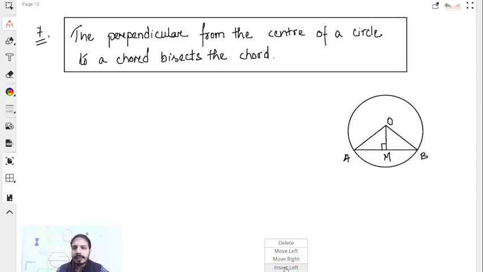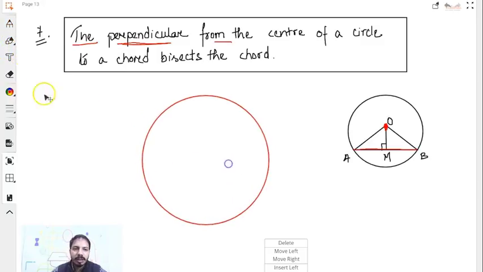Now, what about the distance from the center to the chord? If you see, this is the center and I have a chord, say AB. The theorem says the perpendicular from the center of a circle to a chord bisects the chord. So we are trying to find the distance from the center.